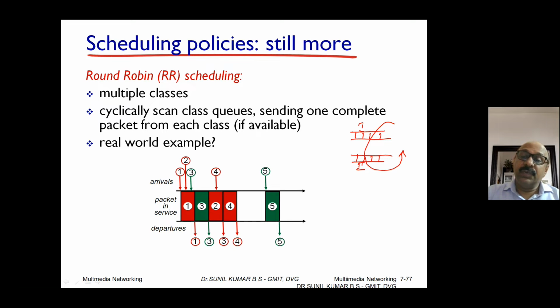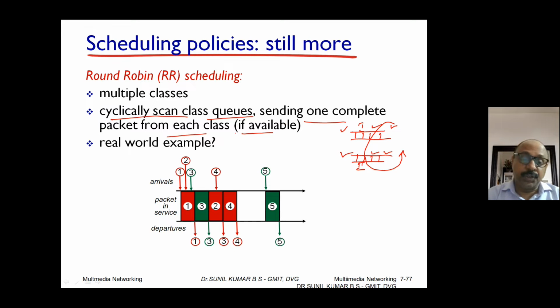First, it will service Q1 for one packet and then Q2 one packet. Again, Q1 one packet, Q2 second packet, Q1 third packet, Q2 fourth packet, like this. So one after the other, the service will be done. It is done in a cyclic scan of the class queues, sending one complete packet from each class if available.